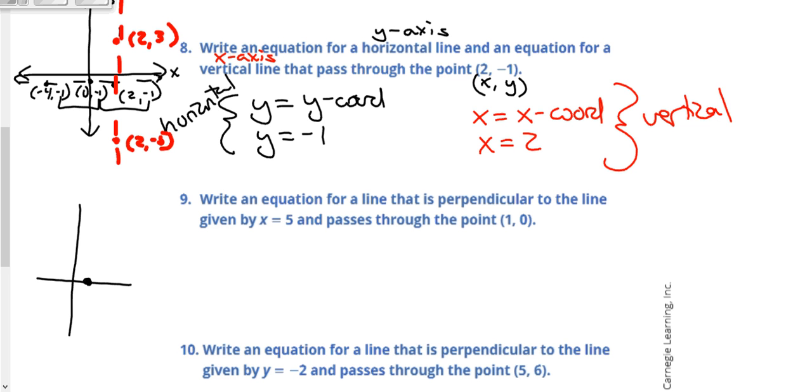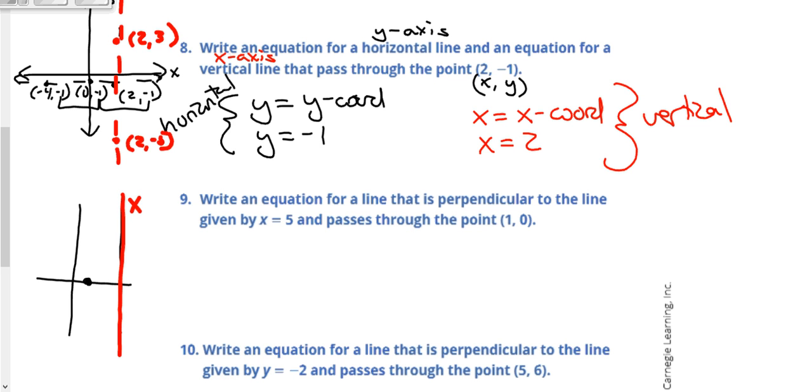And it is perpendicular to the line x equals 5, which means that it's going to cross the x-axis at 5. So let's say about right here is the x-axis at 5. Let's try that again. There we go.